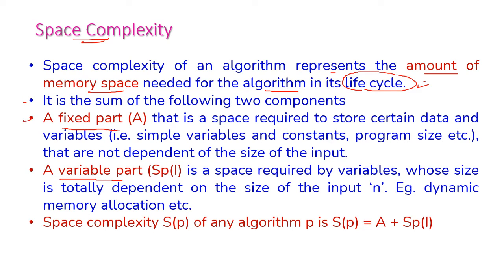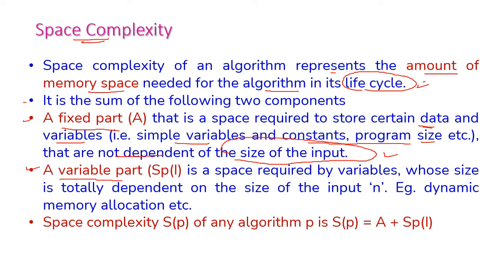What is the fixed part? It is the space required to store certain data and variables, that is the simple variables and constants and the program size, which are not dependent on the size of the input or size of the problem. So this is the fixed part.